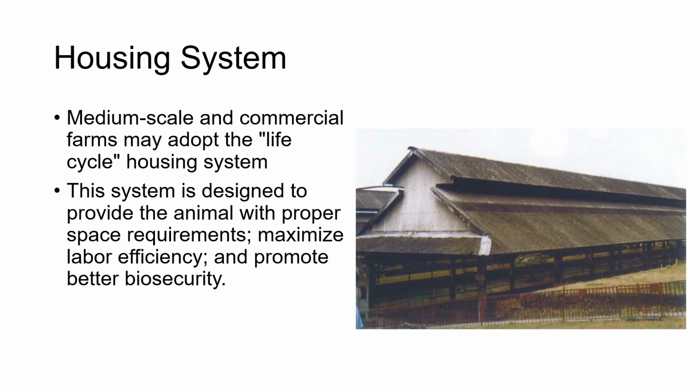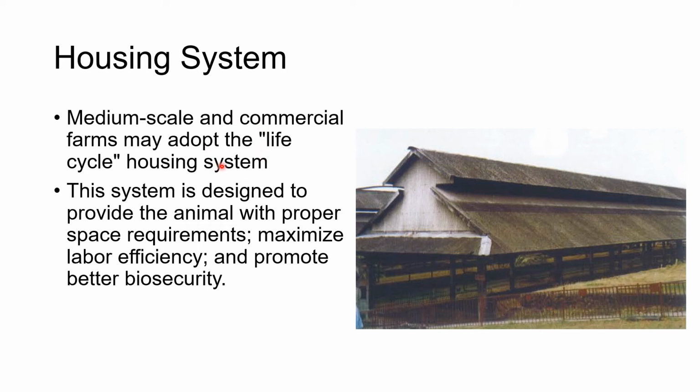For medium-scale and commercial farms, they may adopt the life cycle housing system. This system is designed to provide the animal with proper space requirements, maximize labor efficiency, and promote better biosecurity. If you really want a commercial pig farm, the housing system you can use is the life cycle housing system.